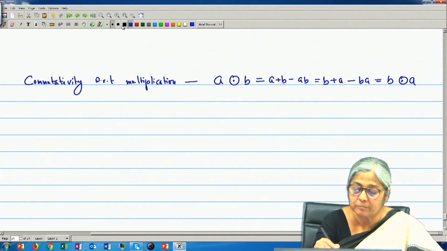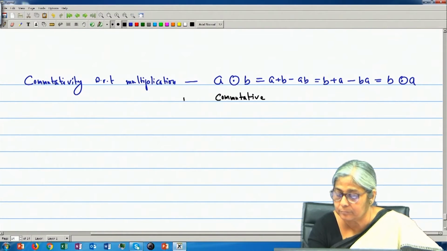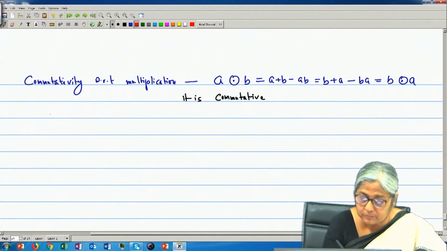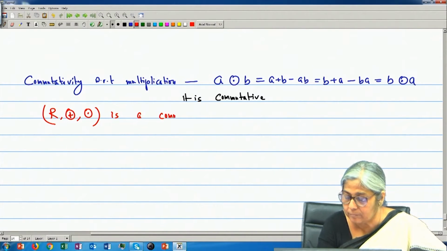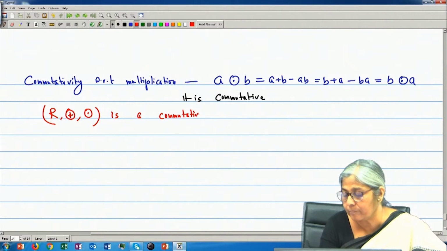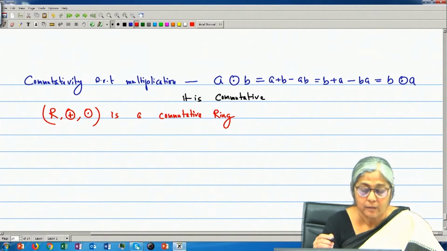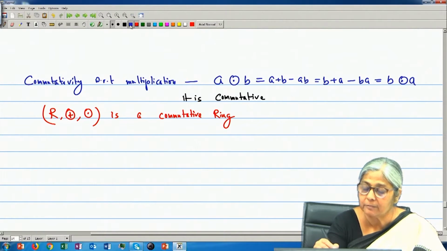So, it is commutative. So, it is a commutative ring R.